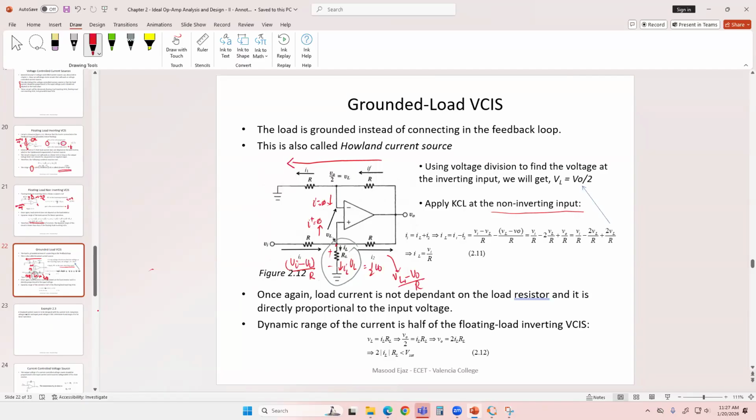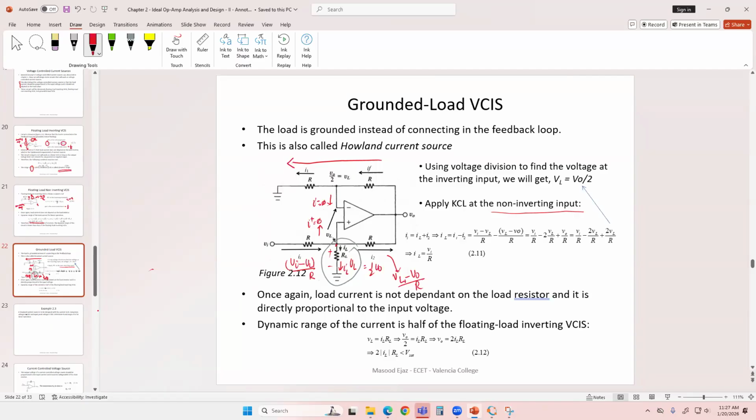And that is equal to IL. And now we also know that VL is equal to half of V out. So we're going to go ahead and plug in this VL as half of V out.